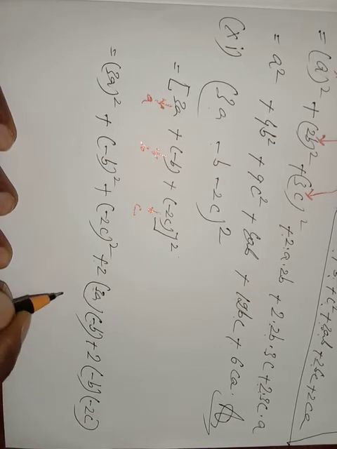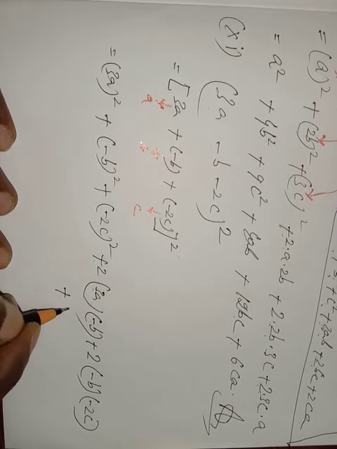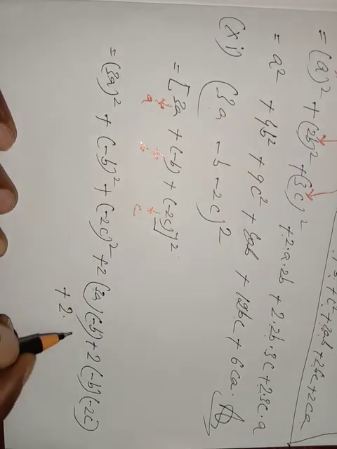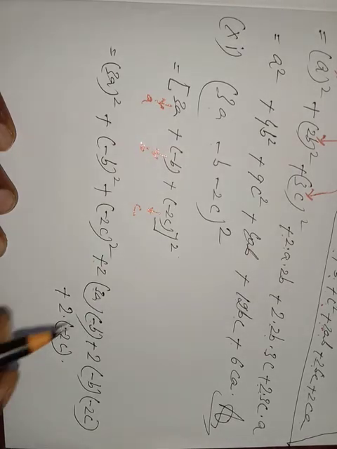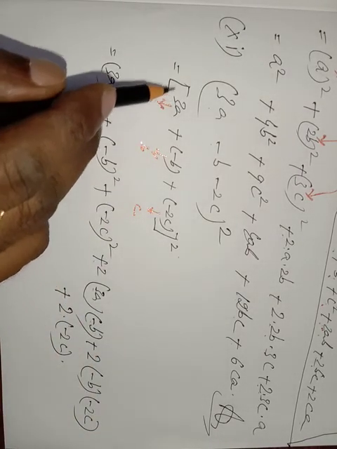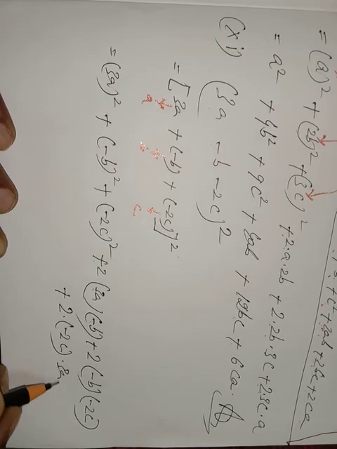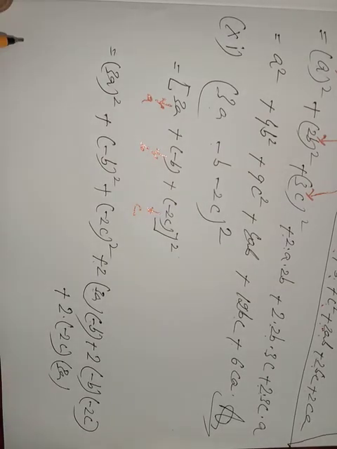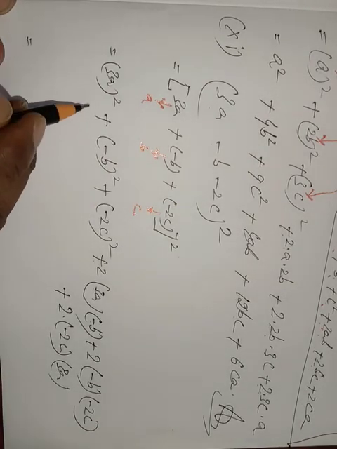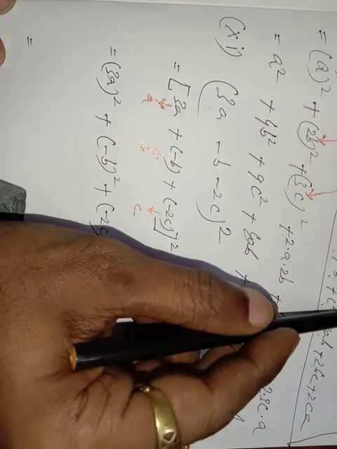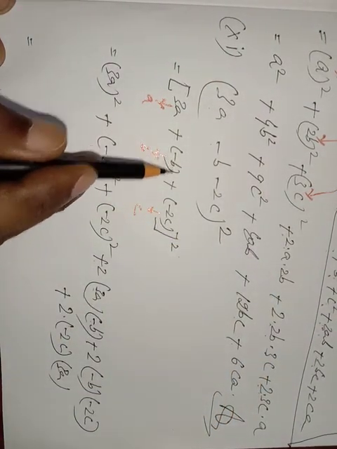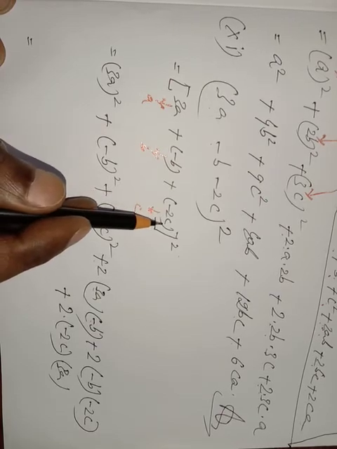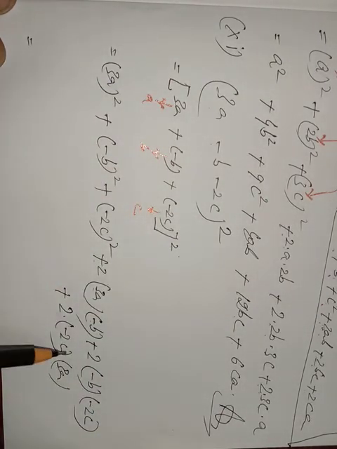The last one is 2ca, with c as minus 2c and a as 3a. See, why am I applying this? It will be easier to memorize the (a plus b plus c) whole square formula. Just separate: b means minus b, c means minus 2c. Same formula applied, we are getting the result.